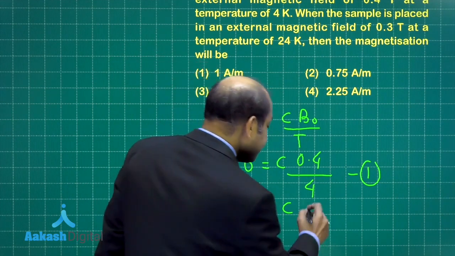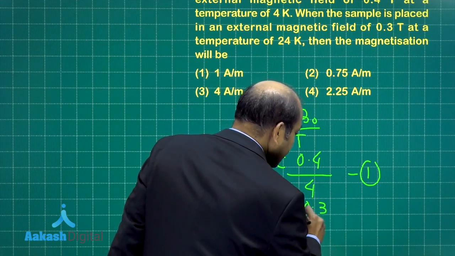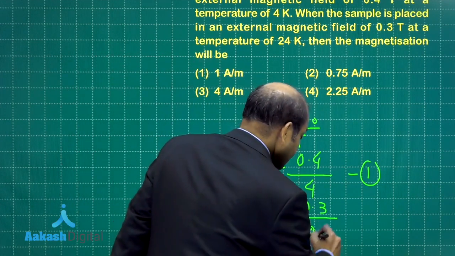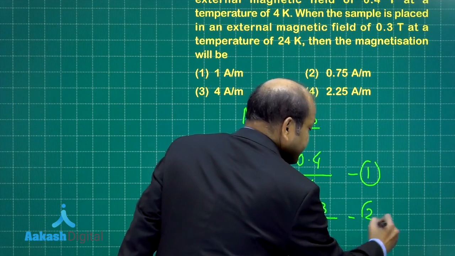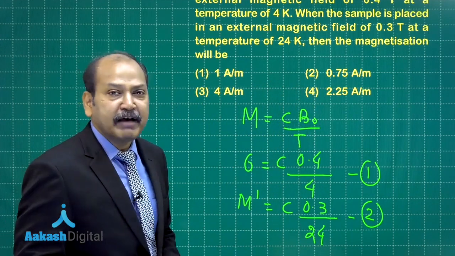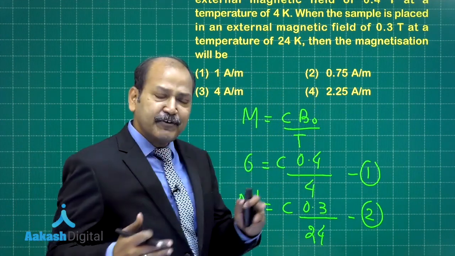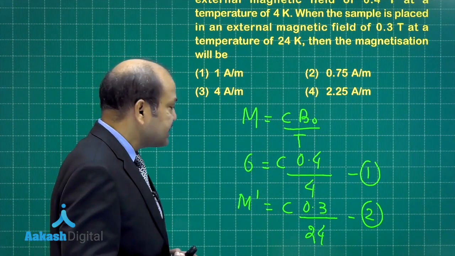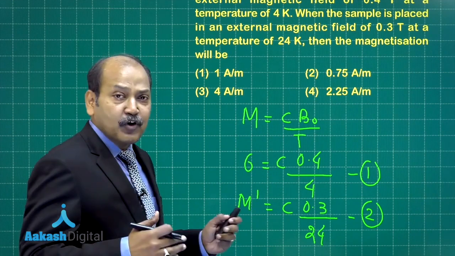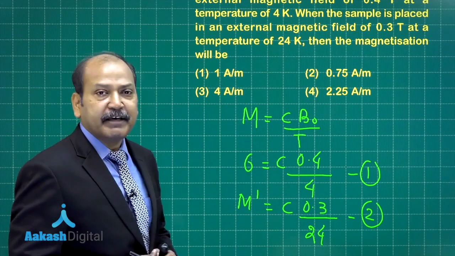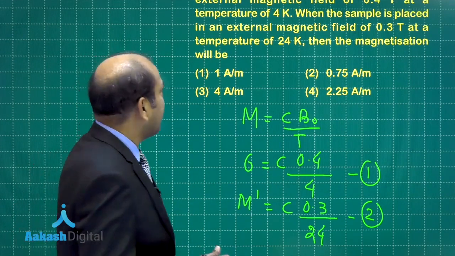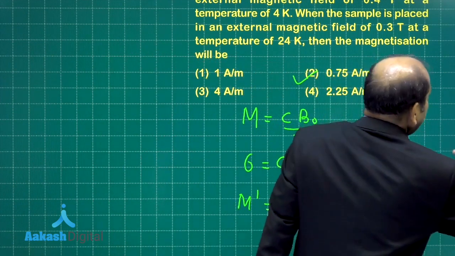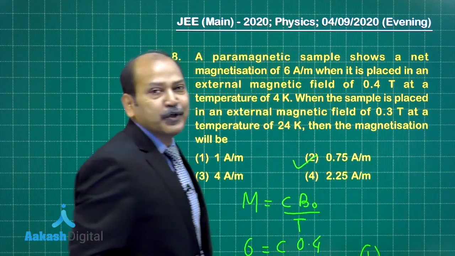It's 0.3 Tesla, that means 0.3, and the temperature has become 24 Kelvin. So with these two equations, we can easily get the value of M dash. We can divide equation 2 by equation 1, and we can get the value of M dash. The value of M dash on solving comes out as 0.75 ampere per meter, and that means option 2 is the correct option.